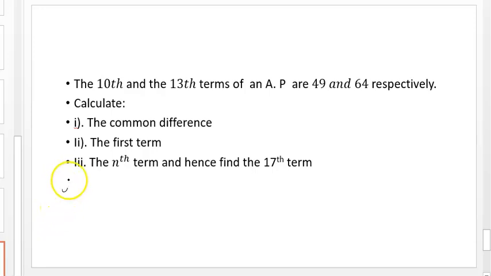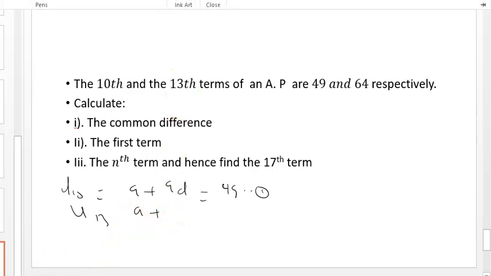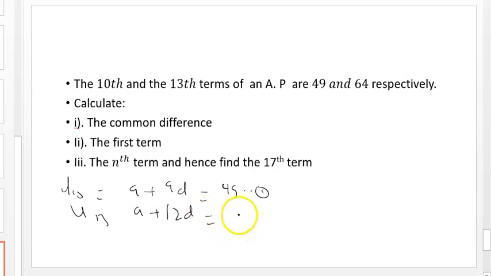So you know that U10 is equal to A plus 9D, which equals 49, equation 1. We have U13 is equal to A plus 12D, which equals 64, equation 2. To solve this simultaneously, we subtract equation 1 from equation 2.